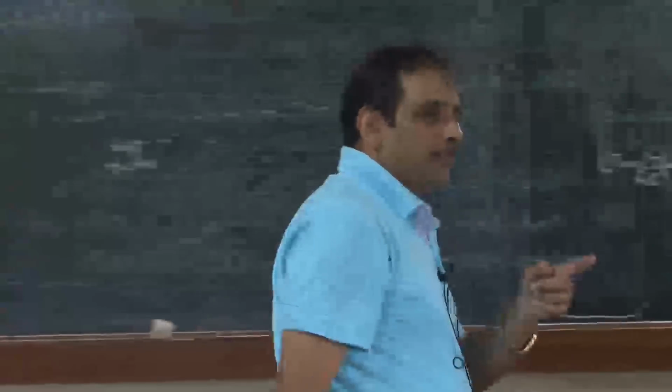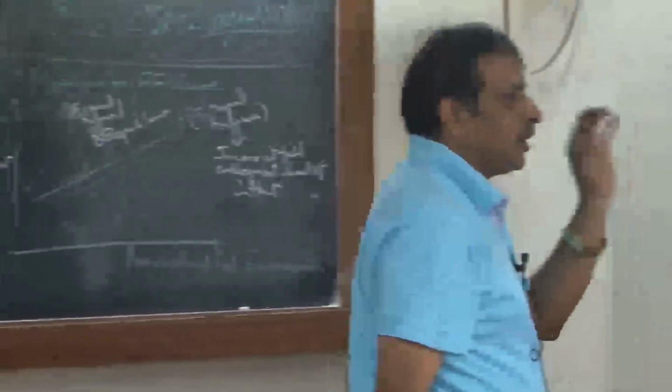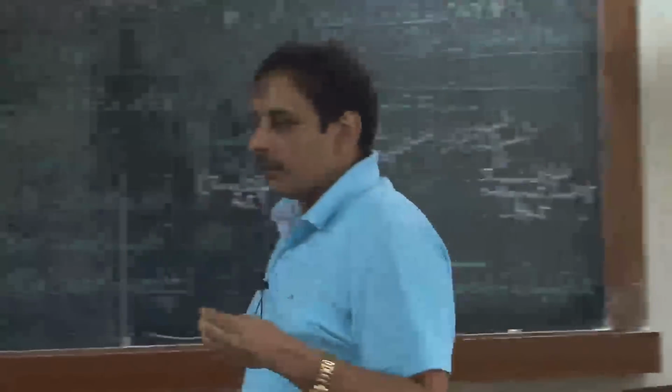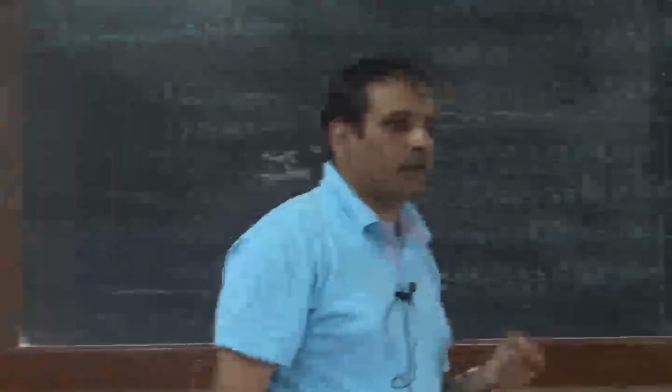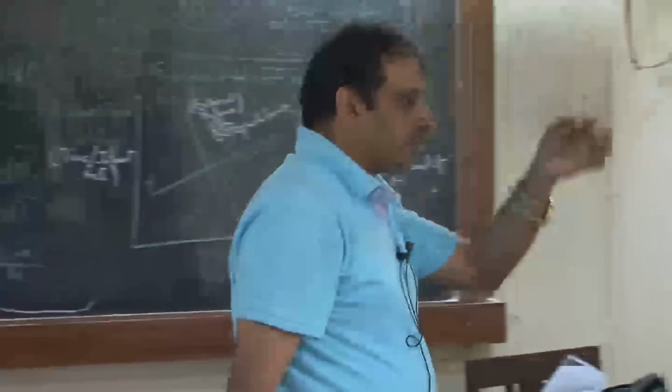Then another thing which happens is that the price of your exports in terms of foreign currency goes down. And if the law of demand holds, if the price of exports in terms of foreign currency goes down, then the demand for it goes up.